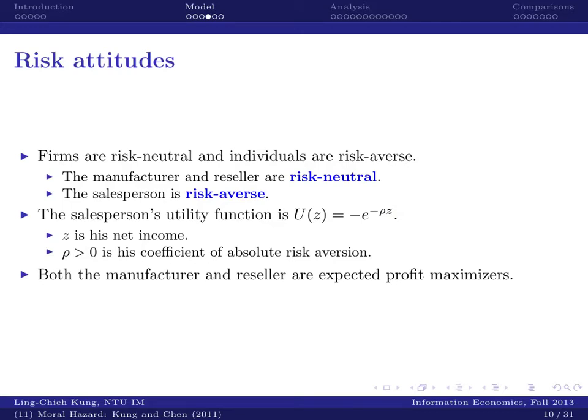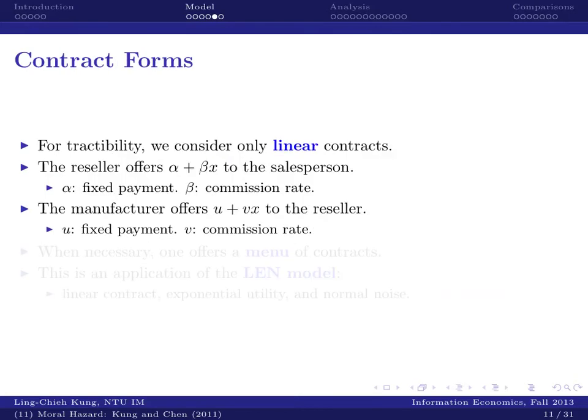The other two parties, the manufacturer and the reseller, are risk neutral, so they maximize their expected profits. For tractability, we are going to adopt the LEN model, so we assume linear contracts. That means the reseller is going to offer this linear contract, alpha plus beta x, to the salesperson.